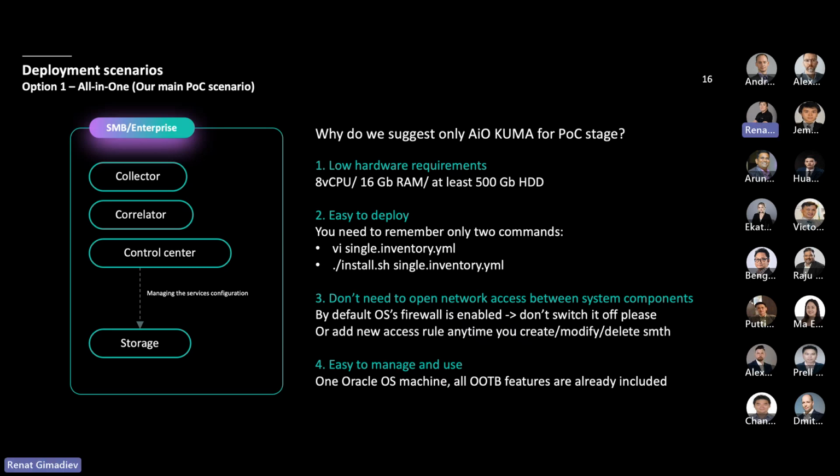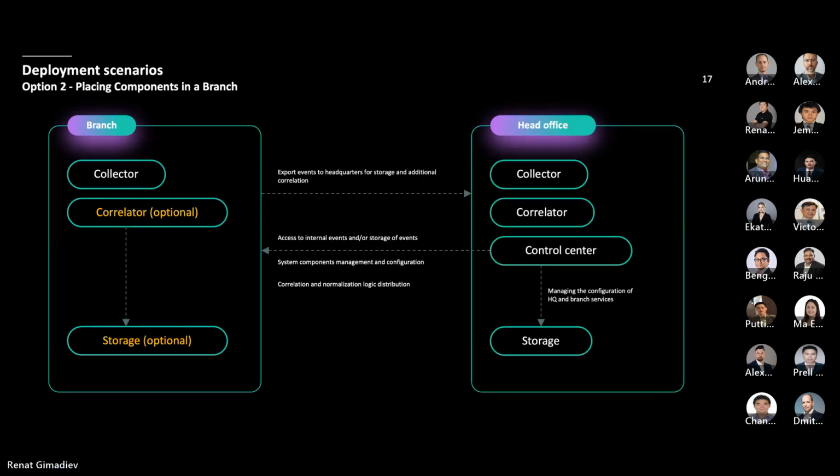So let's see how we can deploy KUMA in other scenarios. The second option is to place some of the components in the branch. So we can imagine that we have a head office, as we have in Kaspersky. We have a head office in Moscow, and we have branches in different regions. In each branch, we can deploy only one system component, called a collector.